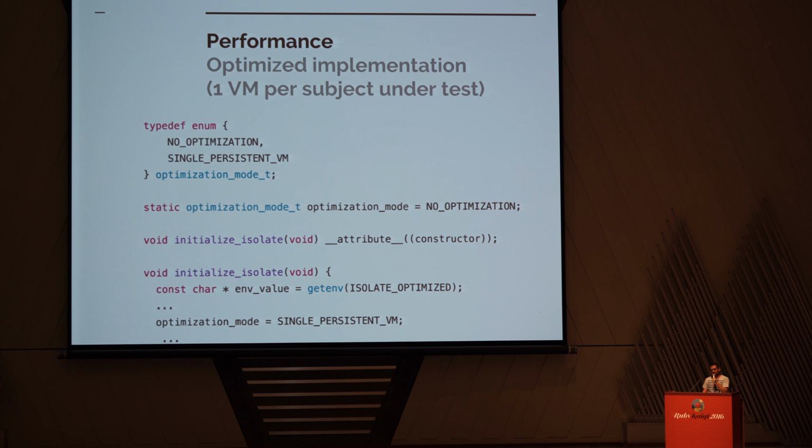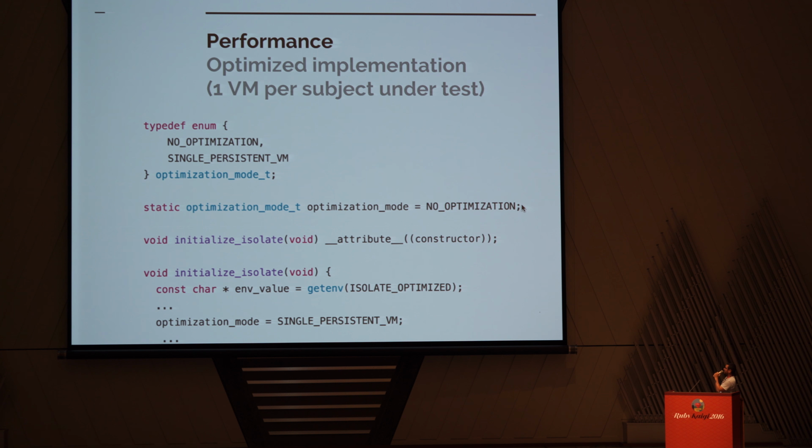The second implementation was what I was calling the optimized implementation. It was a way to have only one VM per subject under test. So basically only one VM every time you're going to call unlink, for instance. There's a nice way of running something when a shared library is loaded. It is the attribute constructor here. So the code here is going to be run every time you load that into memory.